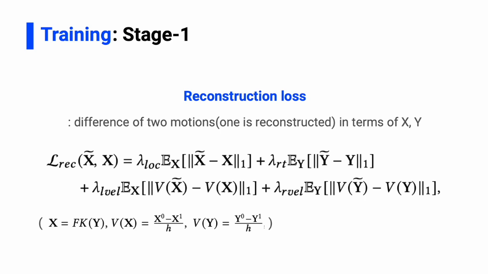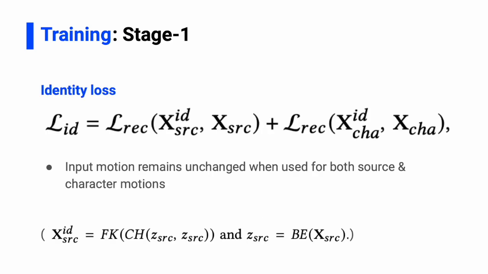Vx is the rate of change of x, which corresponds to accelerations of joint, and the lambdas are all relative weights. By using this reconstruction loss, we can define identity loss, which ensures that input motion remains unchanged when it is used for both the source and character motions.